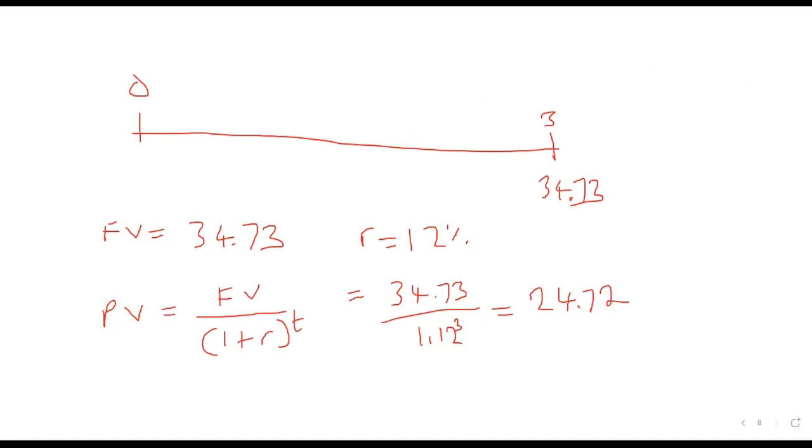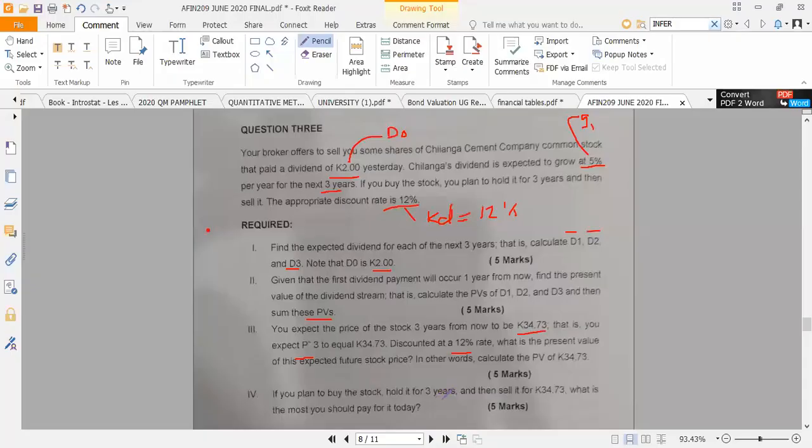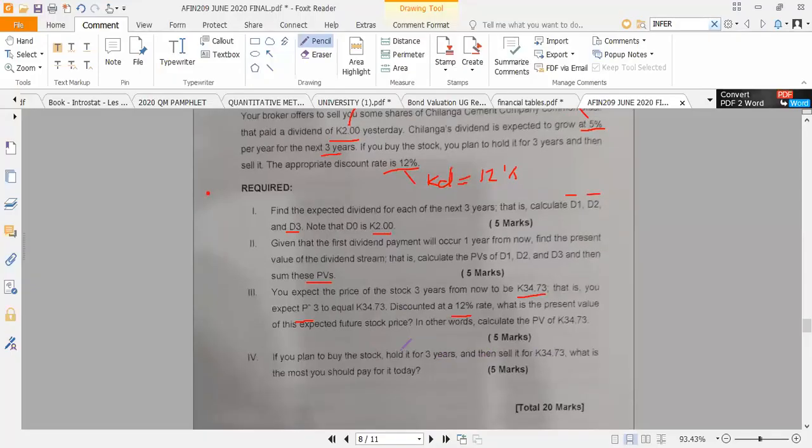Then finally, you are being asked, what is the maximum you can pay? You plan to buy the stock and hold it for 3 years, then sell it for 34.73. What is the most you could pay for it today? So we're calculating the present value for both phase 1 and phase 2 value of stock.